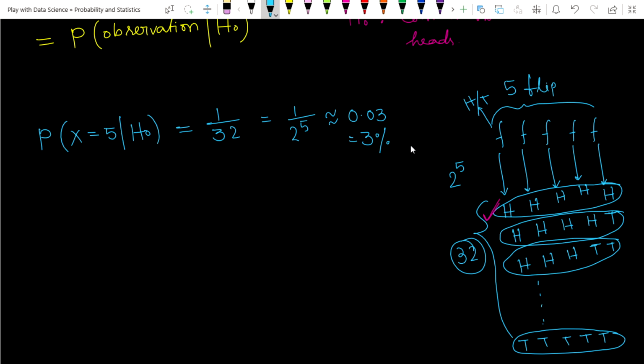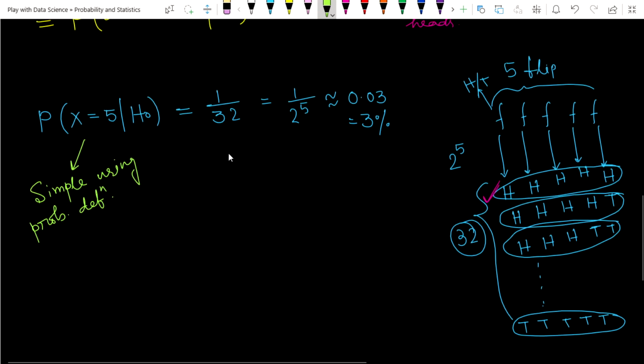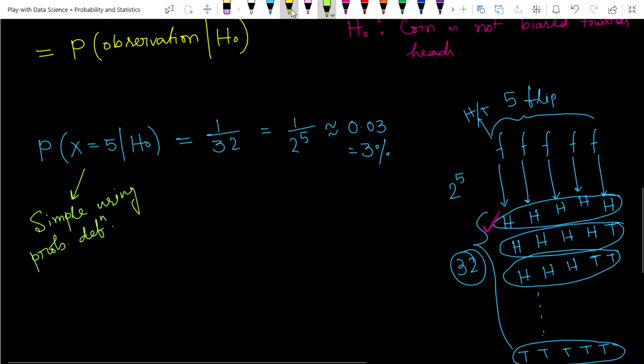This is the simple idea that we have already done, using the probability definition. Let me write this for better clarification.